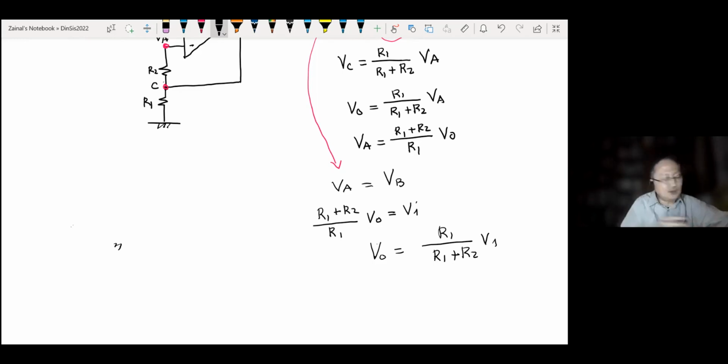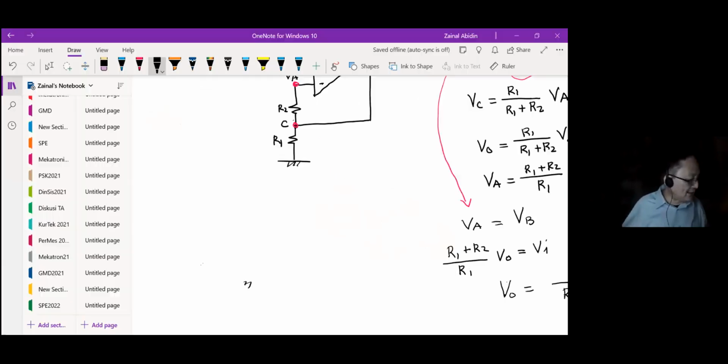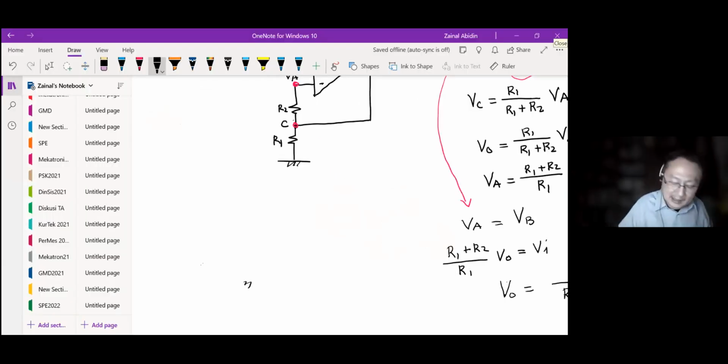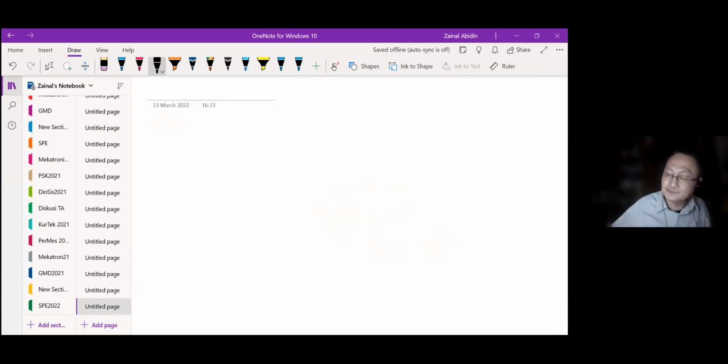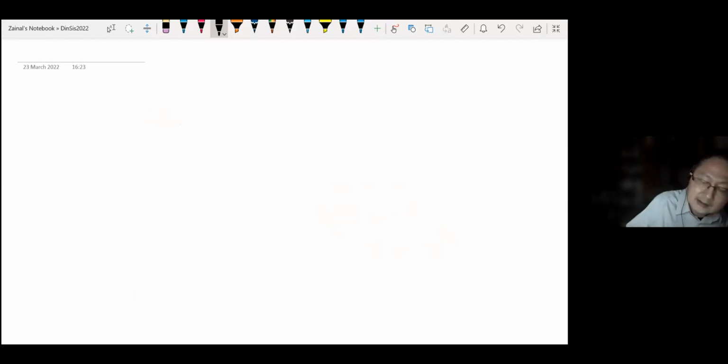I'll show you. This one is an example from your book. For example, you've been asked to do this one. The simple one first. In your book, they don't draw two, they just draw one. Just draw something like this.